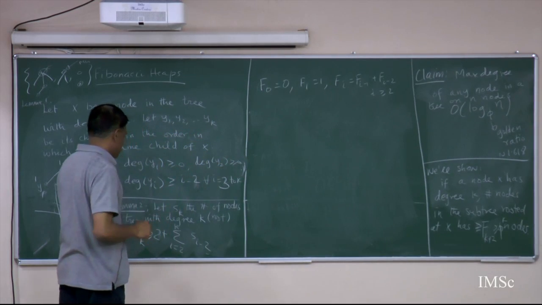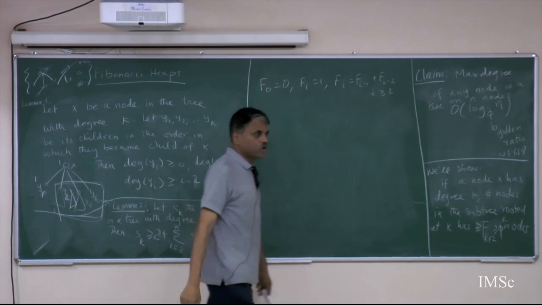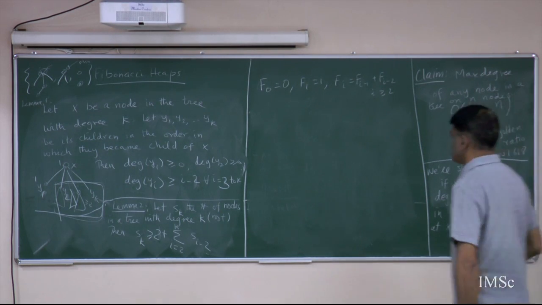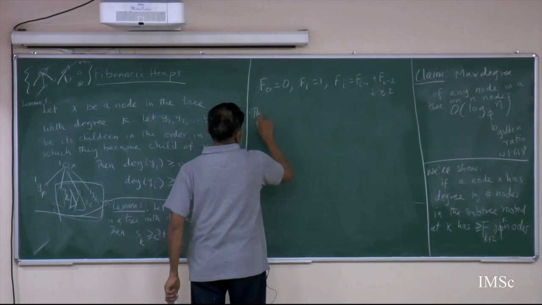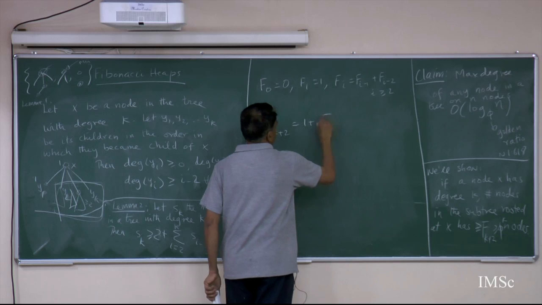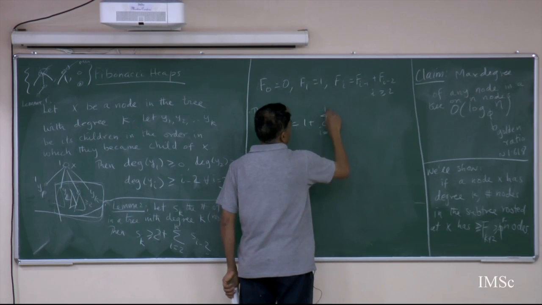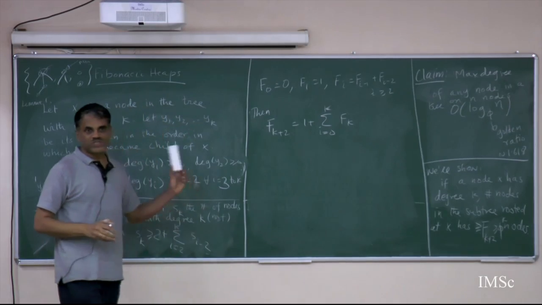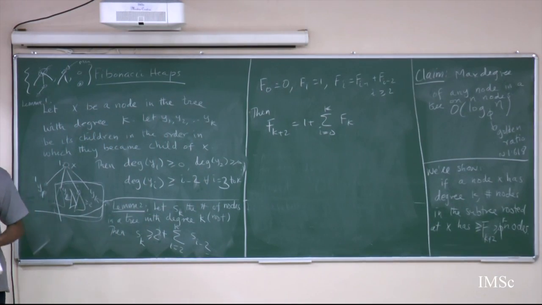Okay, so then it turns out you can say, you may or may not have seen this property of Fibonacci numbers, you can prove this by induction: go up to k and add 1, what you get is F(k plus 2).